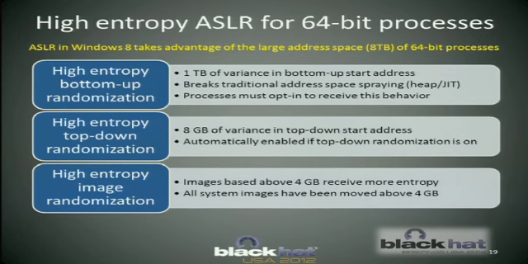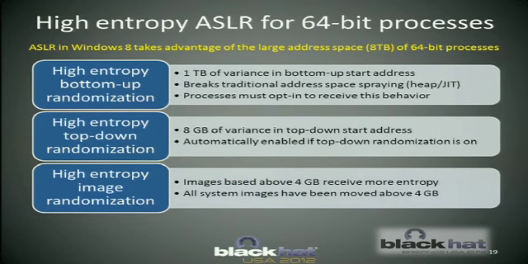And what's noteworthy about this is by doing this, we essentially break traditional address space spraying techniques, so heap spraying and JIT spraying. And the reason for this is because machines today don't have sufficient commit to be able to spray the amount of memory that would be needed to guarantee that an allocation would be located at a specific address through bottom-up allocations. It's not feasible for people to spray a terabyte of memory right now.